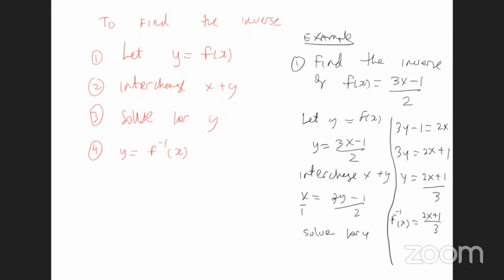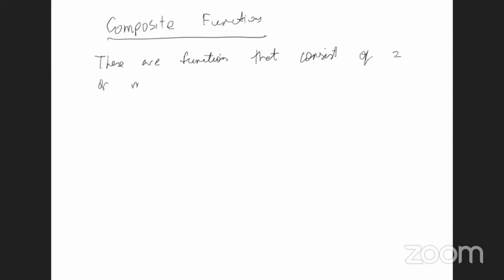Before we do that, let me just run over what a composite function is. Composite functions are functions that consist of 2 or more functions. For now, we'll be just doing 2 functions.